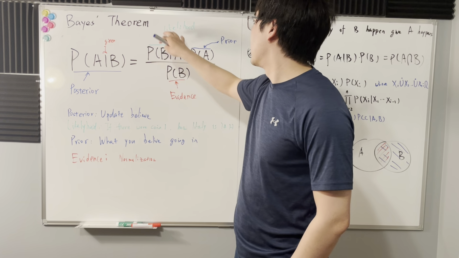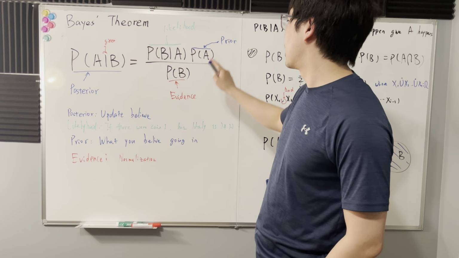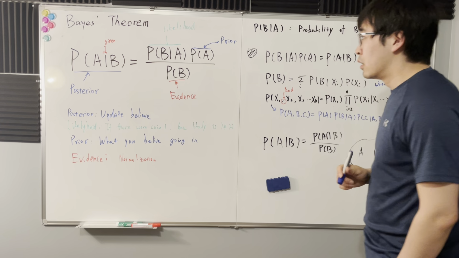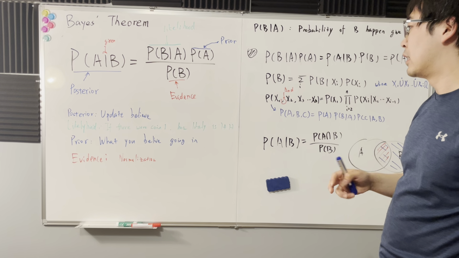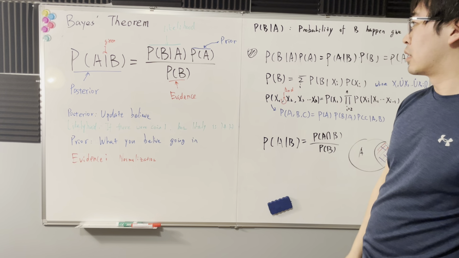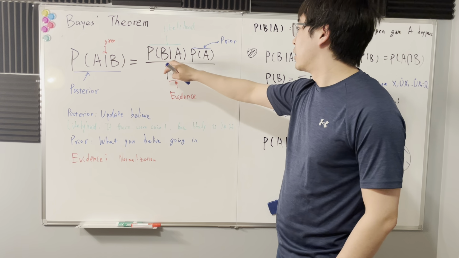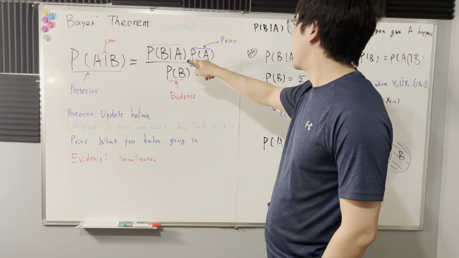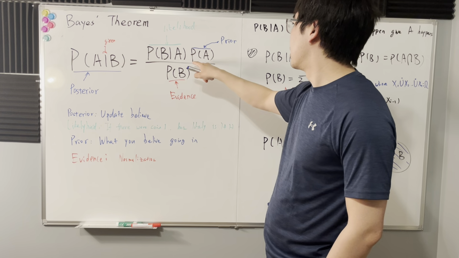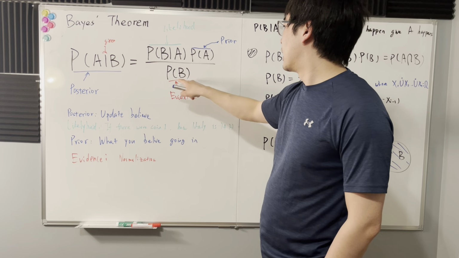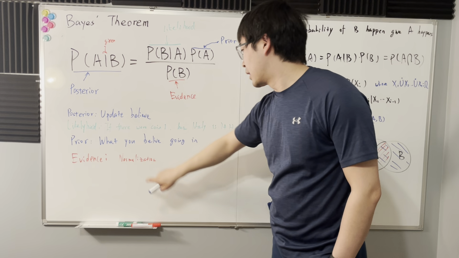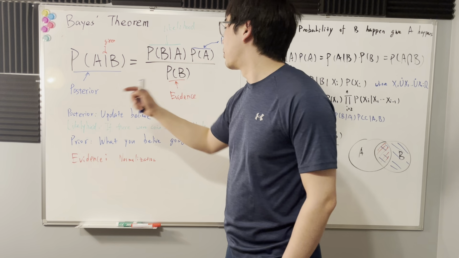This is called posterior, this is called likelihood, this is called prior, this is called evidence. A way to intuitively understand it is that the likelihood is multiplied by the prior belief, and then divided by the normalization, and then you get the posterior.